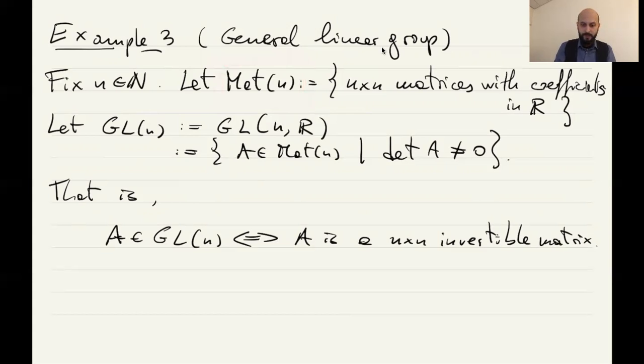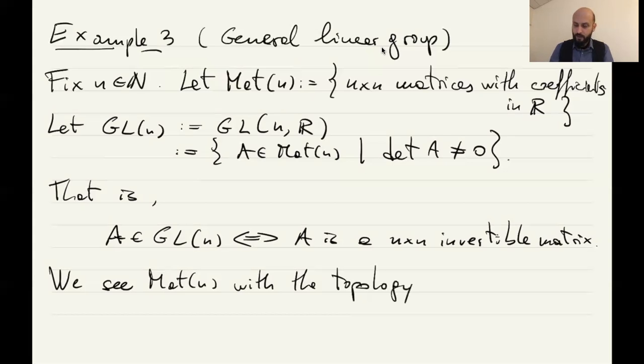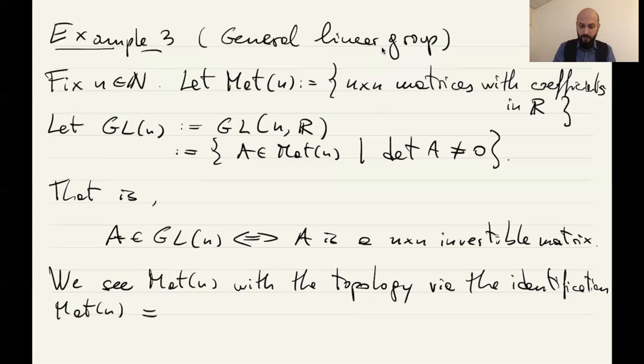We see Mat n with the topology via the identification of Mat n with its coefficients, and we have n squared coefficients. So every A in Mat n has n squared coefficients.